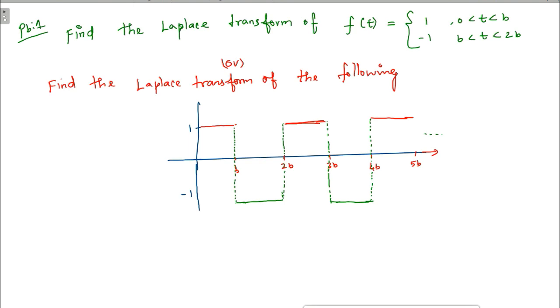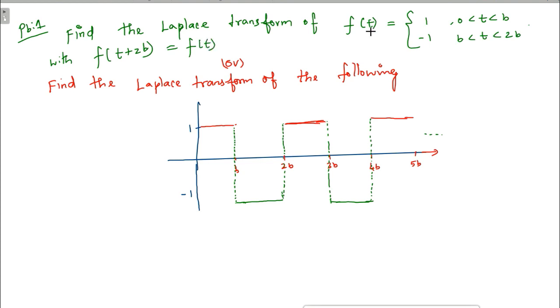So the question: find the Laplace transform of f of t equal to 1 in the interval 0 to b, and minus 1 in the interval b to 2b. So here this is a periodic function with f of t plus 2b equal to f of t.